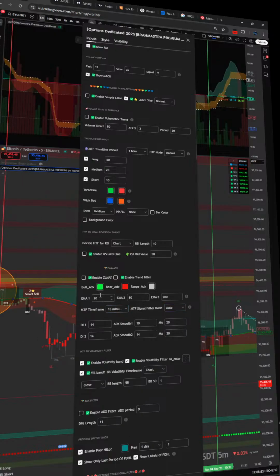So we have applied the multi time frame Bollinger Band volatility filter, and the time frame I have selected is 15 minutes, while currently we are on 5 minutes.